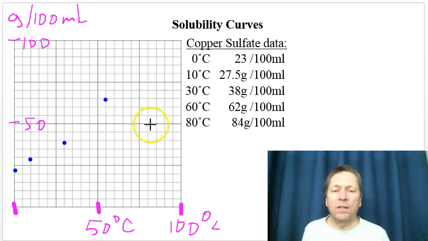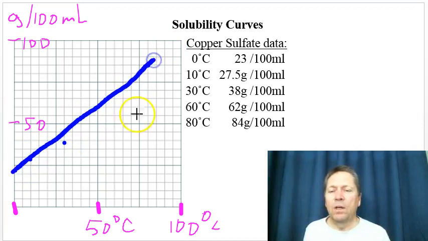And 80 degrees and 84 grams is there. Okay, so there are the points. If we were to make a nice curve that matches those up, it's going to look something like that. This point seems a bit low. Why is that? 30 and 38. No, that's right.